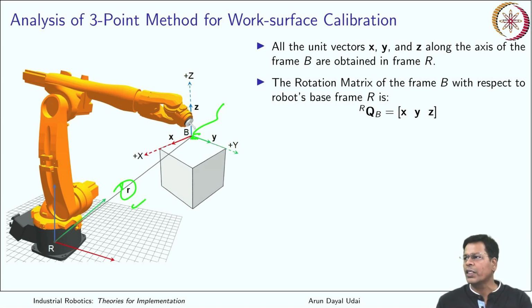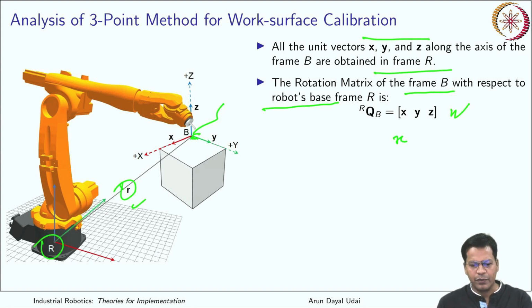So now the rotation matrix of frame B with respect to the robot base may be given as this. That is the projection of the x vector along your robot frame, because these are vectors expressed in frame R. So x will have components along i, j and k.